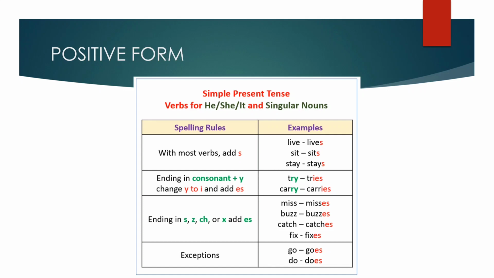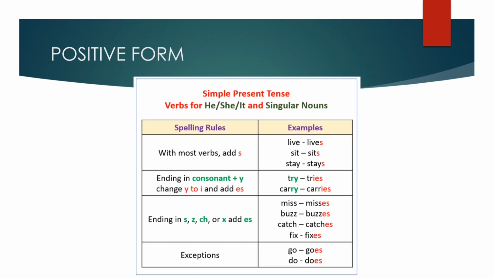Carry becomes carries. For the verb ending in s, z, ch, or x, we need to add es. For example, miss becomes misses, buzz becomes buzzes, catch becomes catches, fix becomes fixes. However, there are some exceptions.